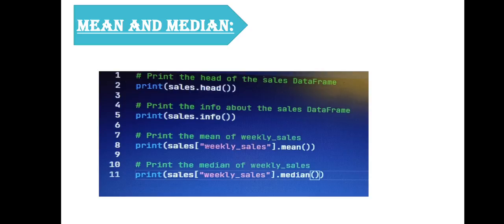How many sales are in a week? Find the mean, print sales weekly_sales.mean(), then print the median of weekly sales, then simply type median instead of mean in the query.